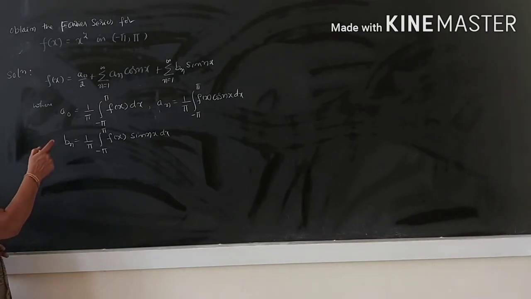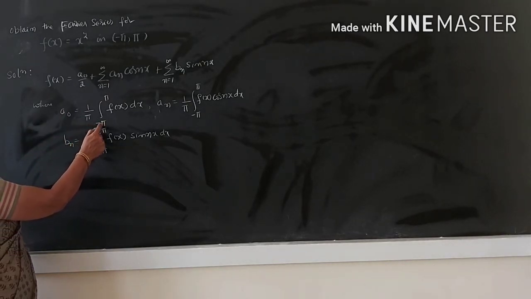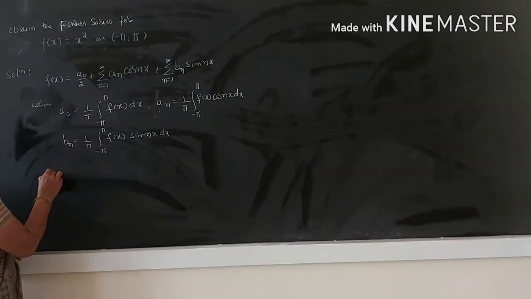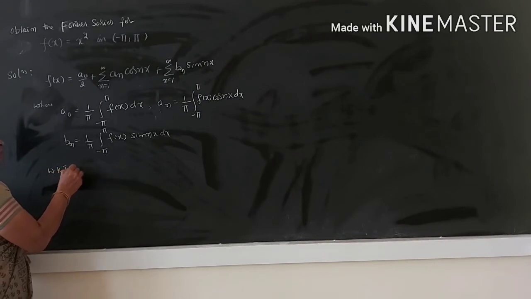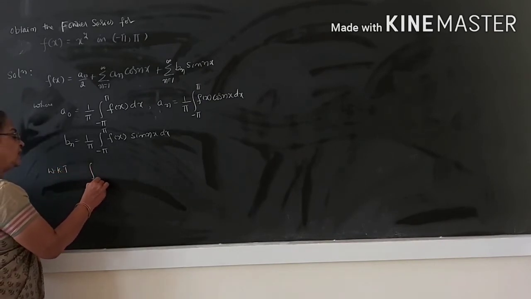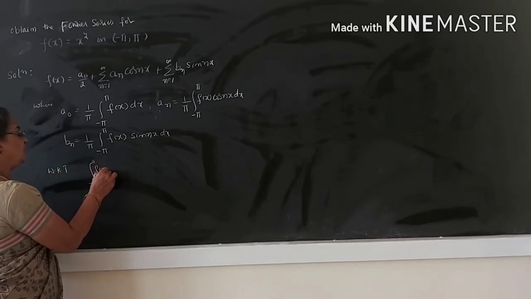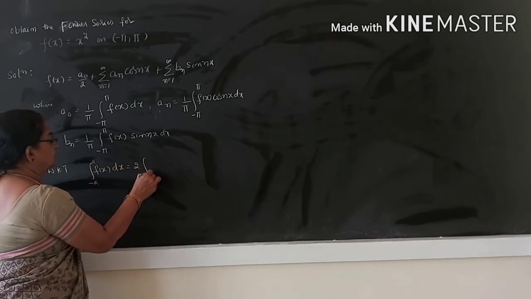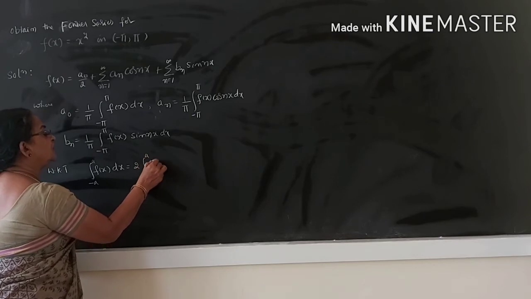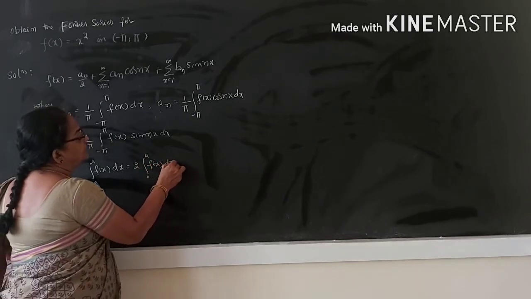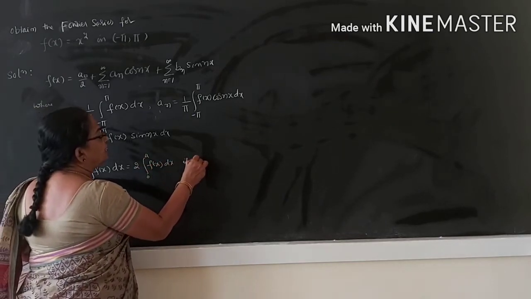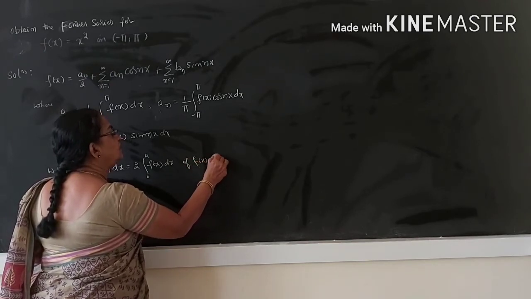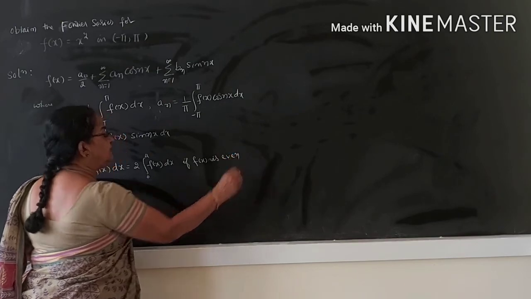Okay. But when we look at the integration between minus pi to pi, I know that the integral from minus a to a of f of x into dx is equal to 2 times the integral 0 to a of f of x into dx if f of x is even.